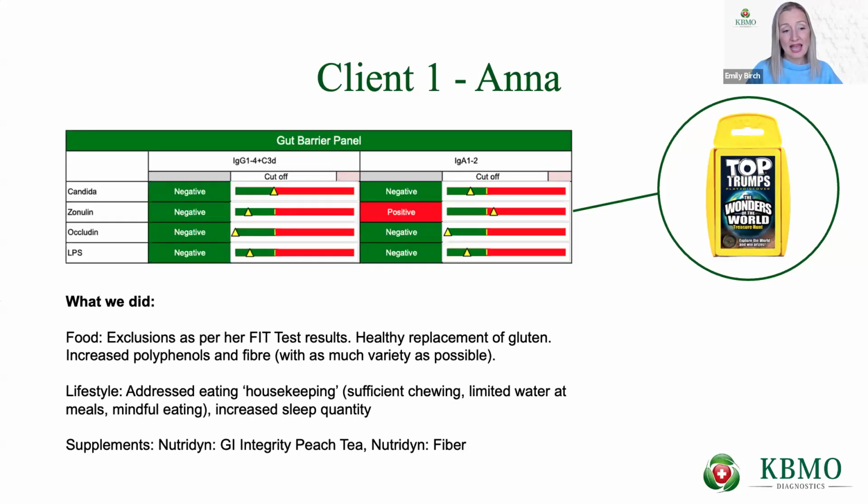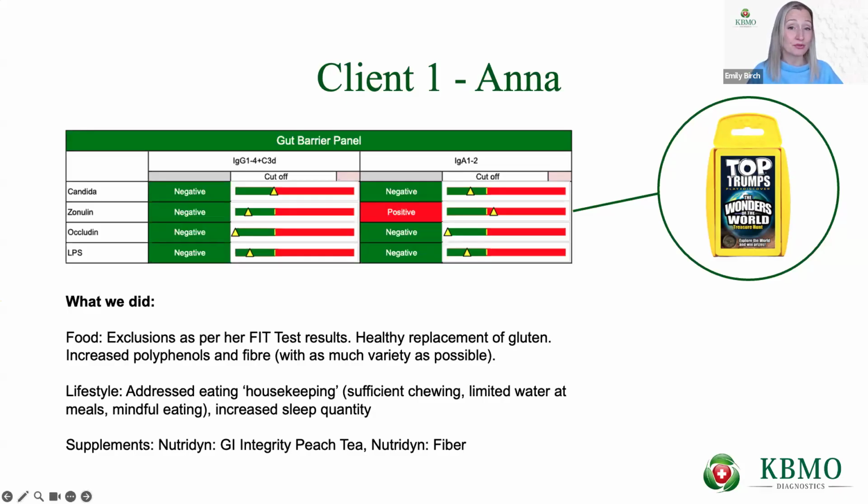So in terms of what we did then, food-wise, we put in place the exclusions as per her food test results. So we excluded those foods for a period of time before slowly reintroducing them.